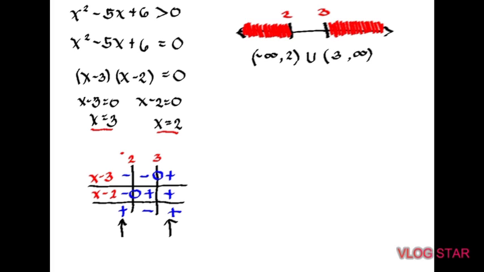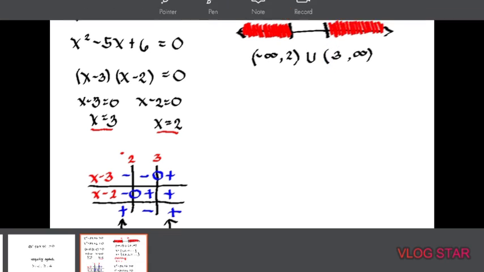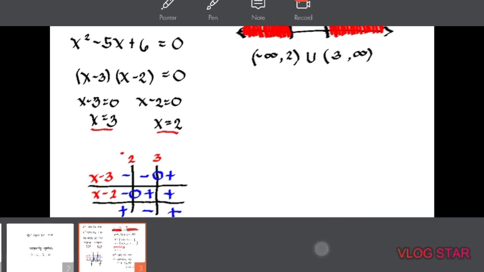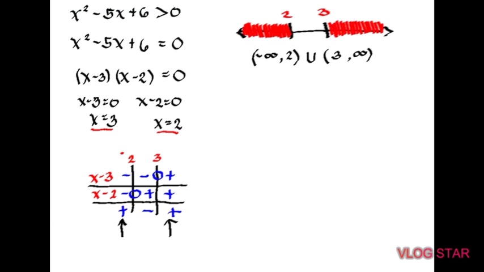So until the negative infinity. Union, it means we're going to combine with the numbers from 3 until the positive infinity.